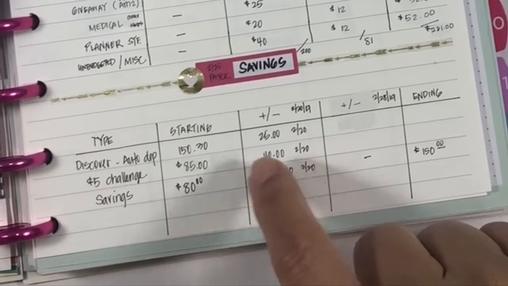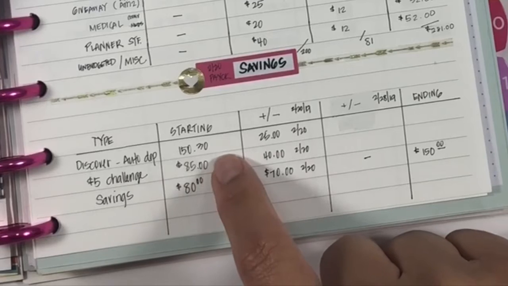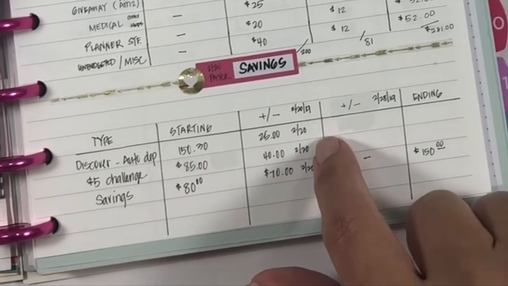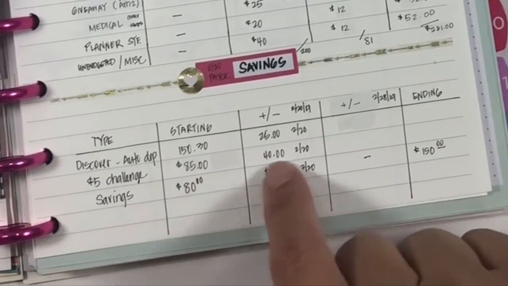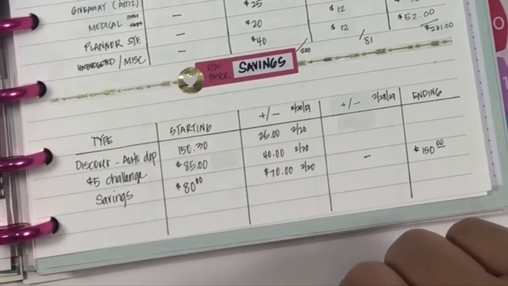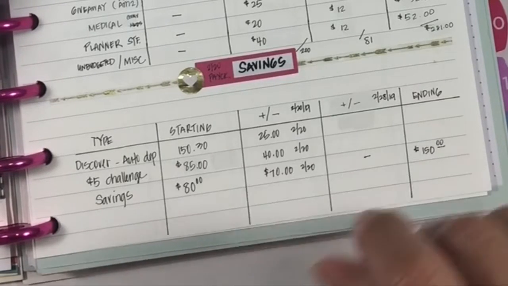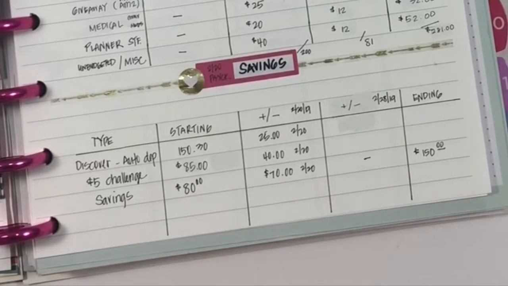For my $5 challenge, starting I had $85. That includes January's $5 challenge. Up and through the 20th, I had 40 additional dollars, so there should be $125. And I think I actually added another $5, and we'll count that as well. And then in savings, I had $80, and that is from a previous month.